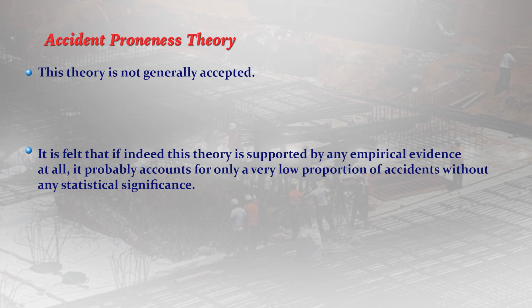This theory is not generally accepted. It is felt that if indeed this theory is supported by any empirical evidence at all, it probably accounts for only a very low proportion of accidents without any statistical significance.